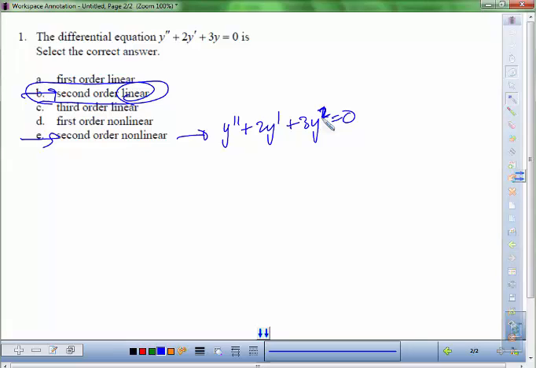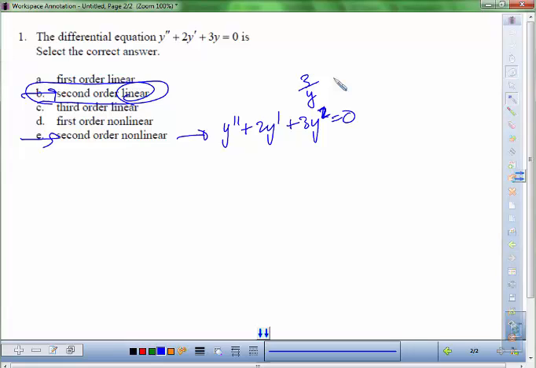If you do something to that, take it to a power, or take it to a trig function, or whatever, then it's going to be nonlinear. Yeah, 1 over y is also nonlinear. Okay?